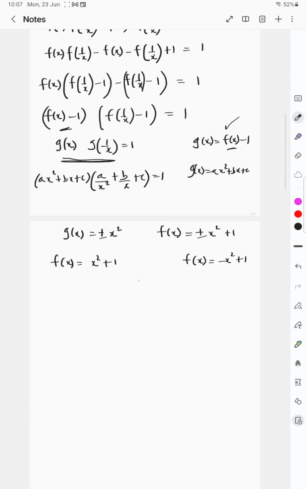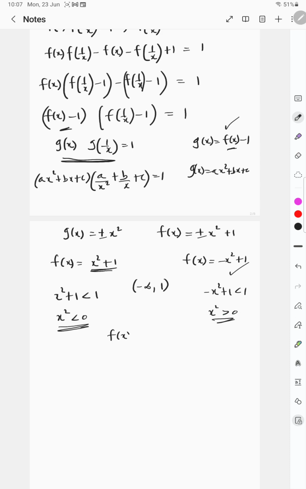The range is minus infinity to 1. Since the range is minus infinity to 1, x squared plus 1 cannot be the function, as it takes values beyond 1. So this is our function. So f(x) is minus x squared plus 1.